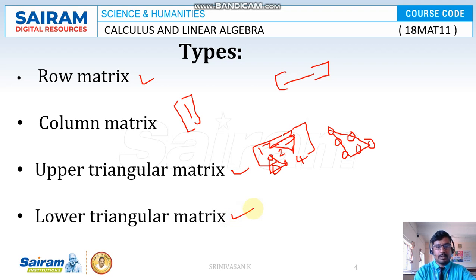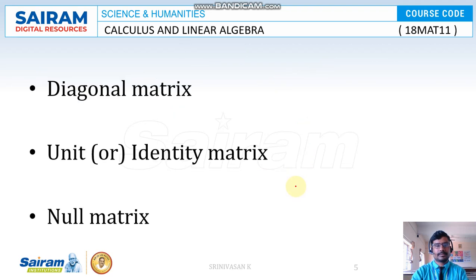If upper triangular and lower triangular are together in the matrix, it is called a diagonal matrix. So only the diagonal elements have values. The matrix contains upper triangular as well as lower triangular means it is called a diagonal matrix.